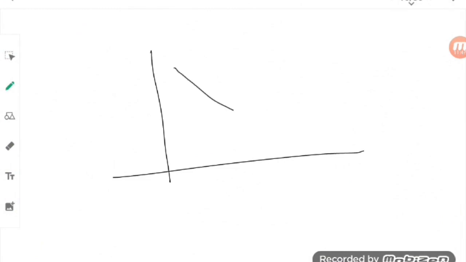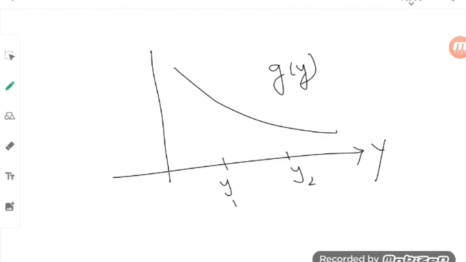Imagine we have another function, say g of y, and this function is decreasing. It's any other function, and these are the random variable, and we have y1 and y2 such that y1 is less than or equal to y2. What will this be reflected by the function g?